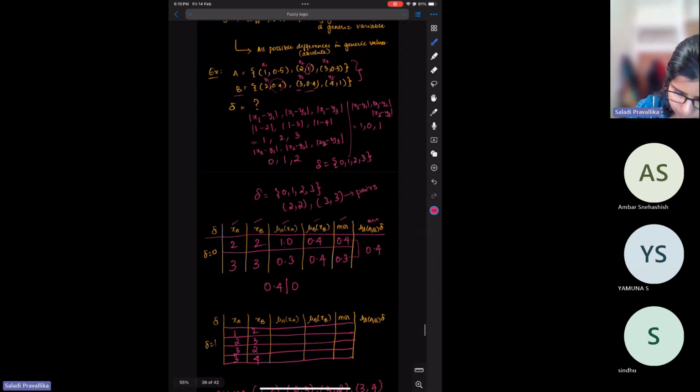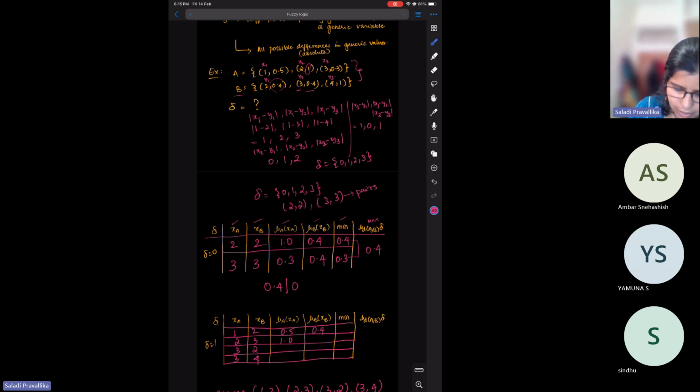From fuzzy set A, we'll write the membership values. For x equal to 1 in fuzzy set A, the membership value is 0.5. For x equal to 2 in fuzzy set B, it is 0.4. Next, for x equal to 2 in fuzzy set A, it is 1.0.